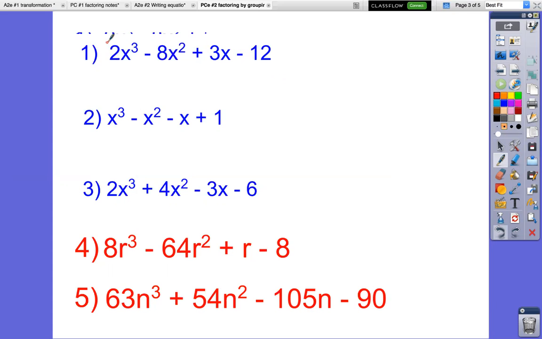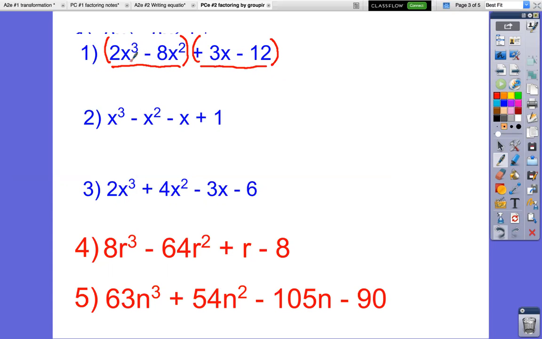By grouping these together, I'm literally grouping these first 2 and these second 2. Now, by grouping them, I didn't do anything else here. I'm not multiplying. I'm just looking at these 2 terms, and I'm looking at these 2 terms. So once I show you once or twice how to do this, it starts to make sense.